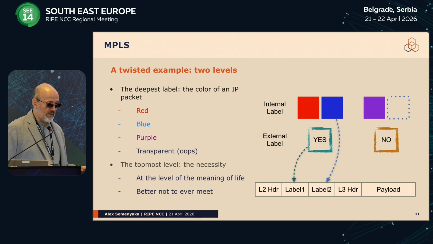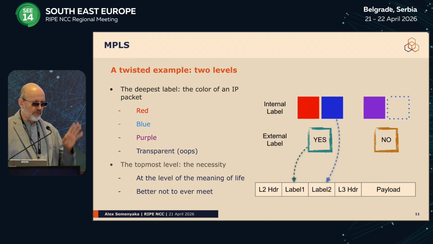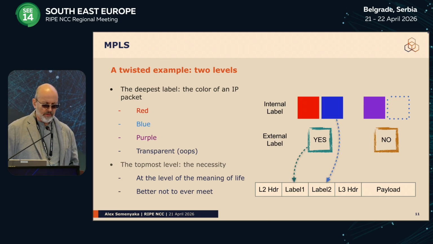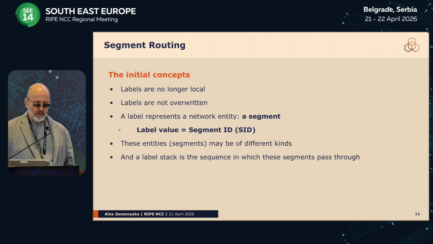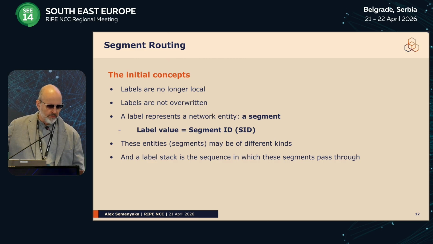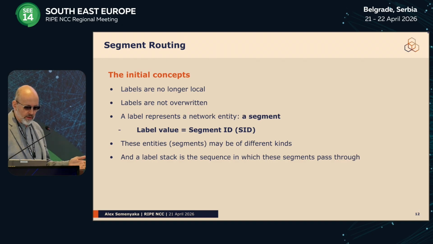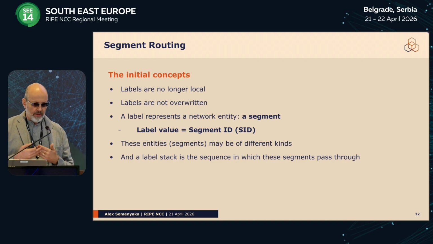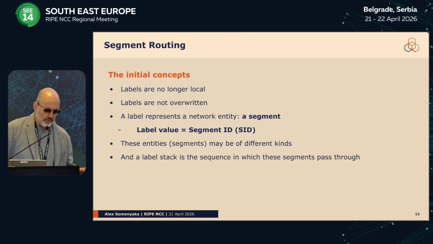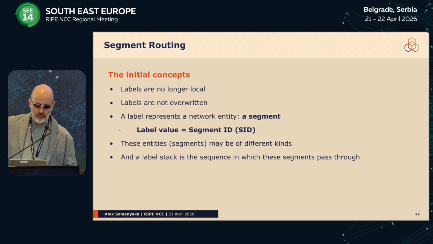For MPLS, everything is obvious. It's an extremely simple thing on the data plane, with a really, really complex control plane. So segment routing decided to get rid of this hierarchy of labels and redefined labels as a sequence of entities. Labels are not local anymore. They are fixed over the network, and they are not overwritten anymore.